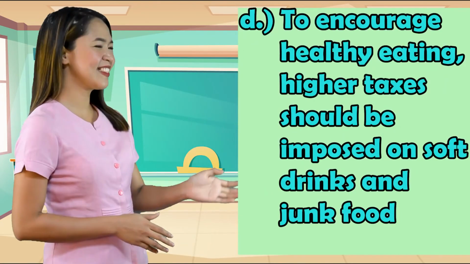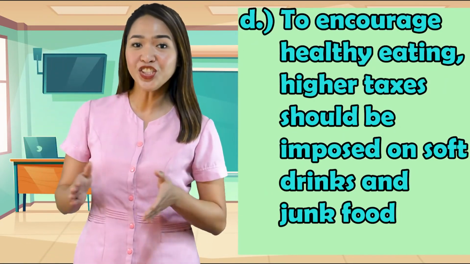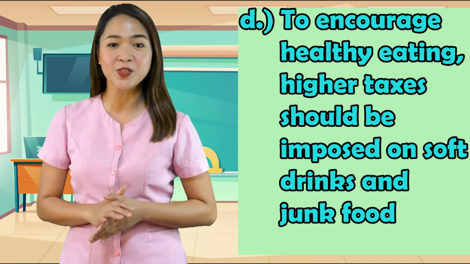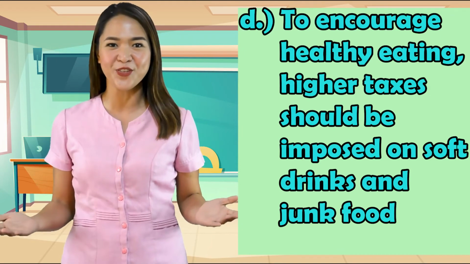From the paragraph 2, which do you think is the main idea? The right answer is bravo! Letter D. To encourage healthy eating, higher taxes should be imposed on soft drinks and junk food.